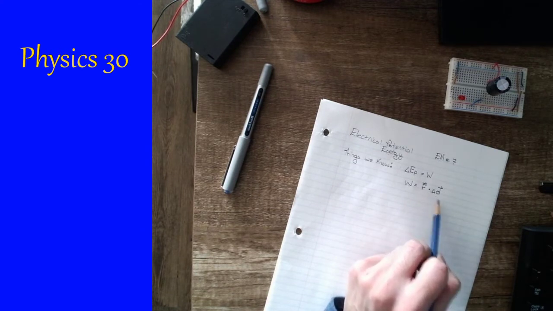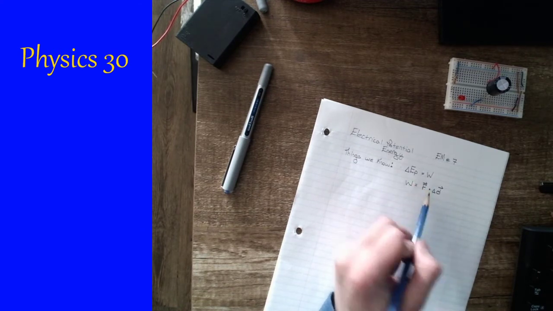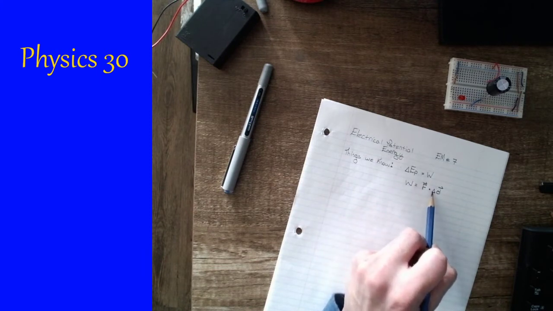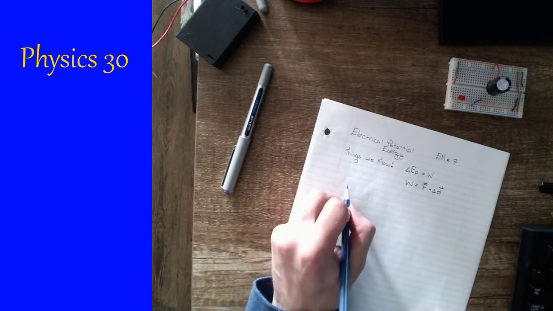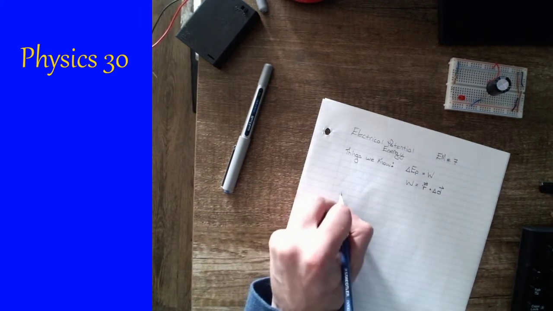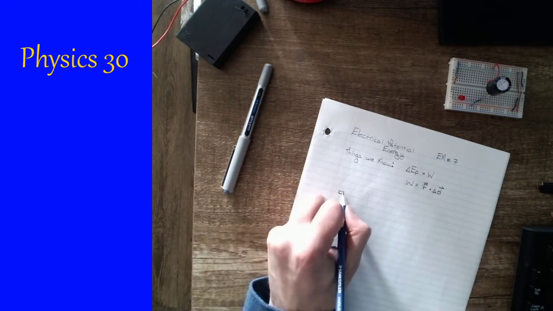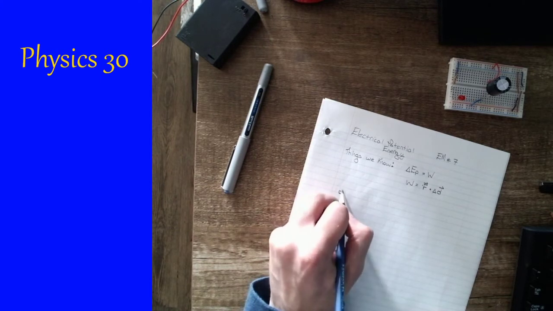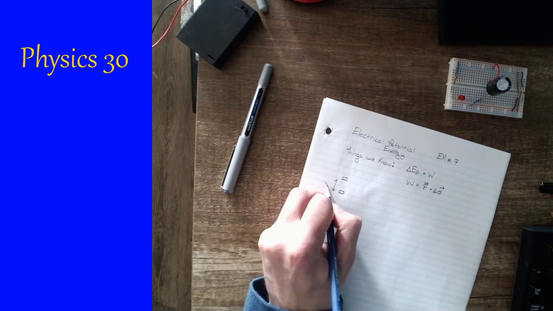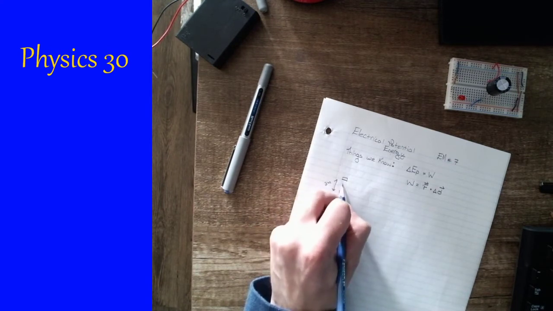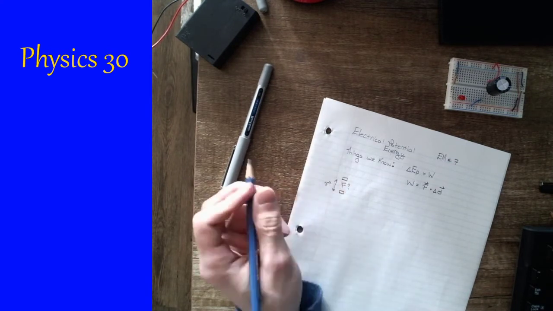So in terms of energy, it's going to take a force to move something a certain distance. In terms of gravity, gravity takes an object like this, and if I want to move it a certain distance upwards, let's say I want to move it 3 meters upwards, that's going to require some amount of force.